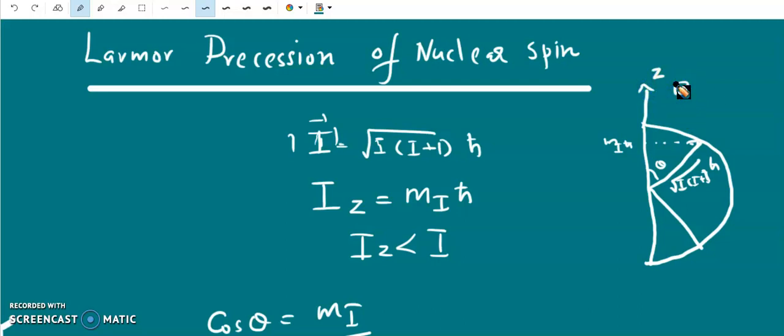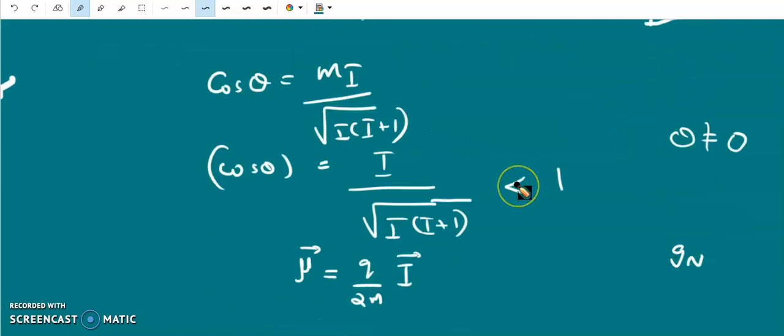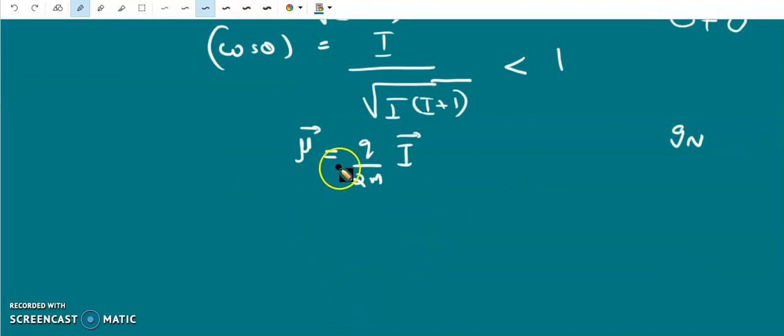The magnetic moment or angular momentum vector will never align parallel or anti-parallel to the field. Only their z components are quantized such that Iz is equal to mi times h cross. So mu z is the gyromagnetic ratio times Iz. The other components Ix, Iy or mu x and mu y are not quantized.